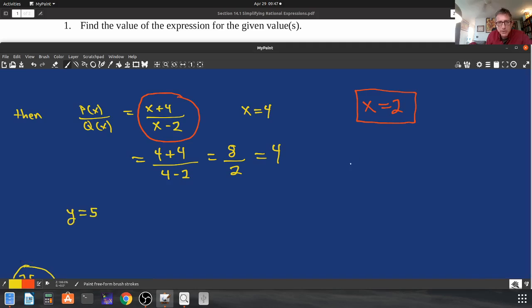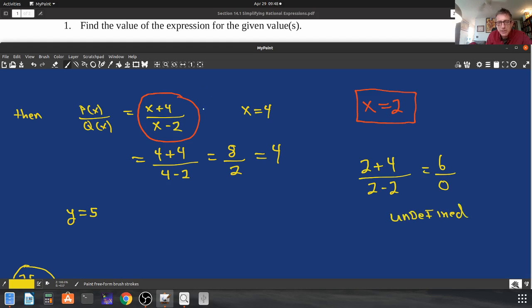When x is equal to 2, I just replace my x with my 2. So that gives 6 divided by 0. This is undefined. Division by 0 is undefined.